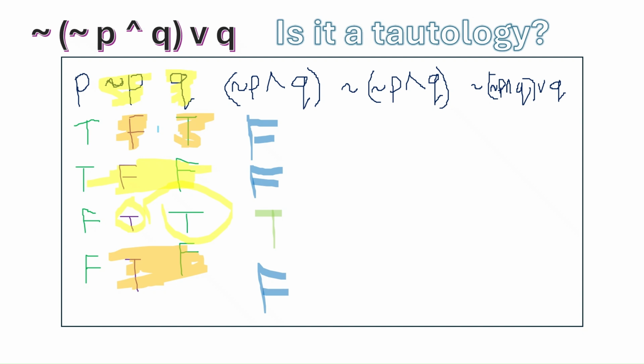Now we're dealing with the negation of the previous statement, which just means the opposite. So it would be true, this would be false, this would be true, and finally this would be true. And now we're dealing with our final statement, the conclusion. There are two parts here.